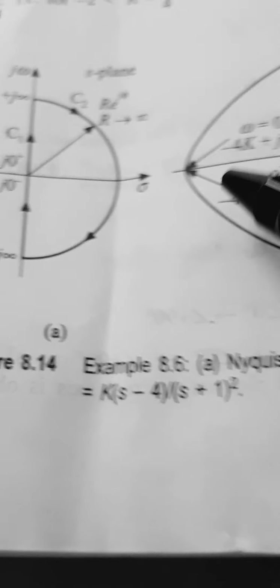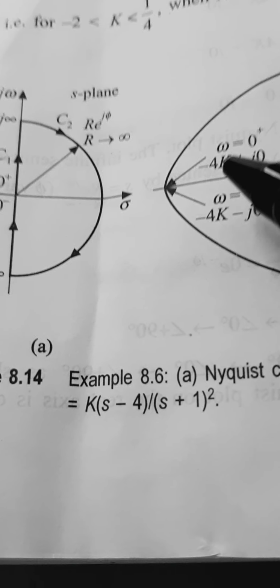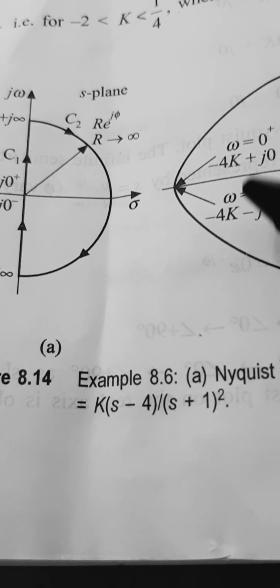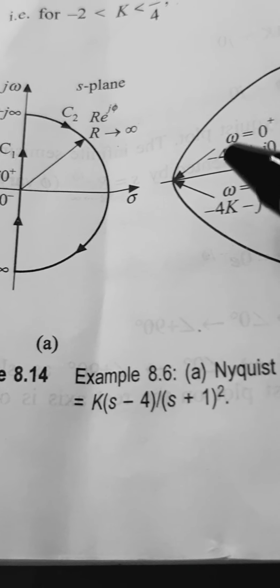So it should be greater than, then only you can say that it is instability. So you can see that here it is 4k. K should be greater than 1 by 4, then only this is greater than -1. So this point is this side.